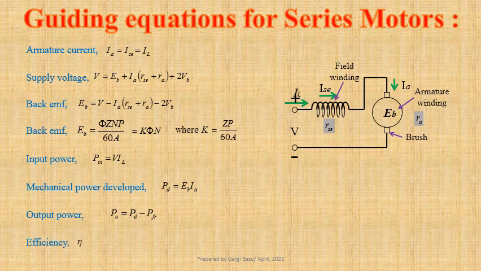Efficiency eta equals PO divided by Pin. Armature torque TD equals PD divided by 2 pi N by 60. Shaft torque TSH equals PO divided by 2 pi N by 60.